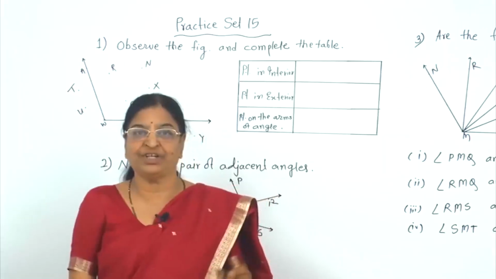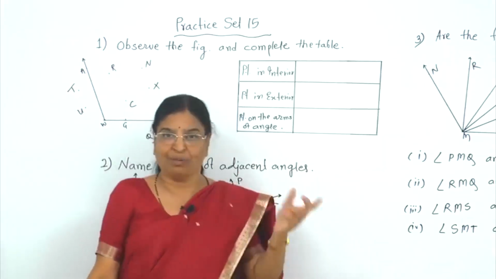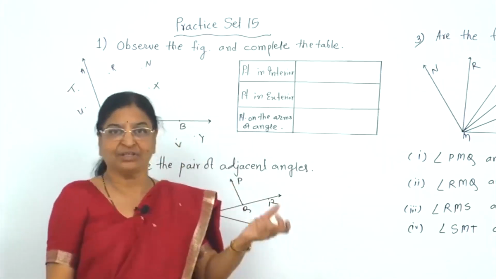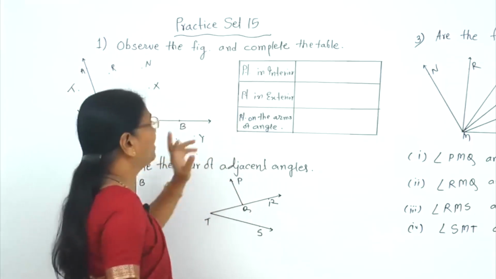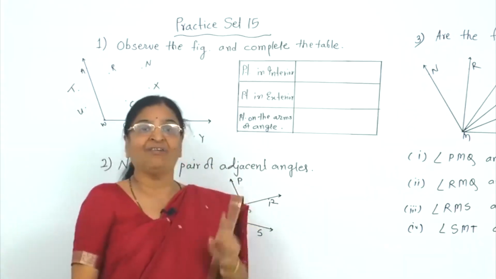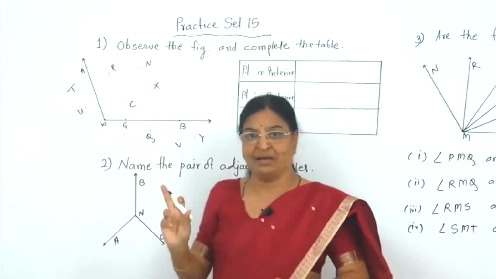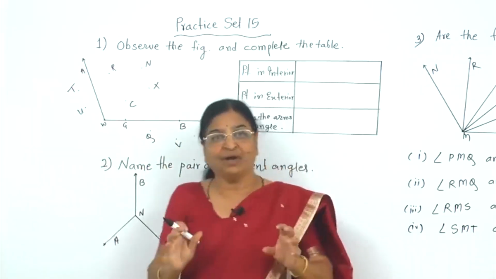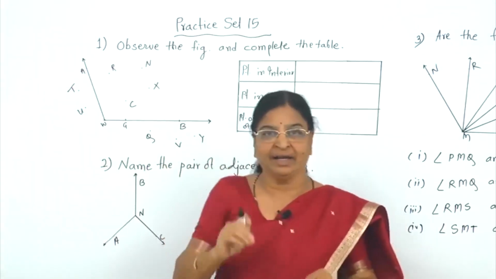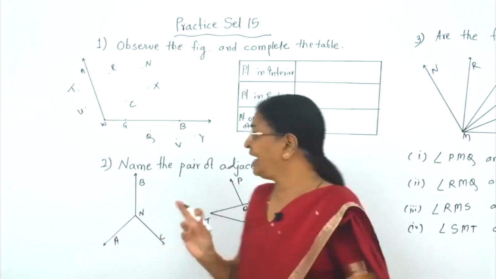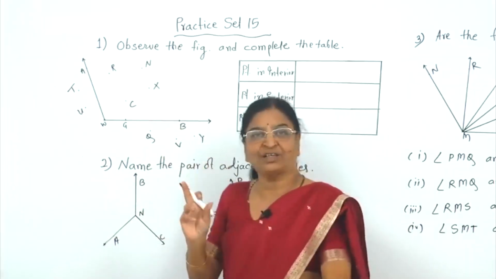With this information, suppose we have a problem set, can we answer the questions? The first figure is there, and the points are given in angle AWB, and we want to find out which points are in the interior, which points are in the exterior, and which points are on the arm.